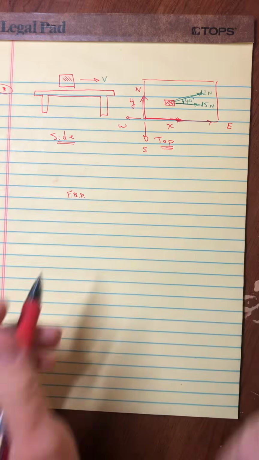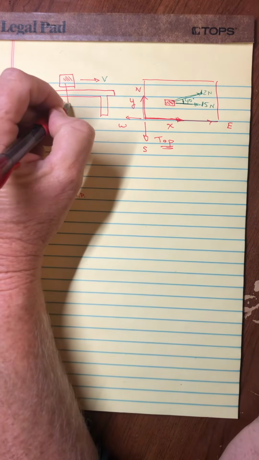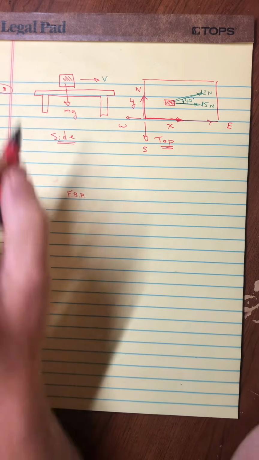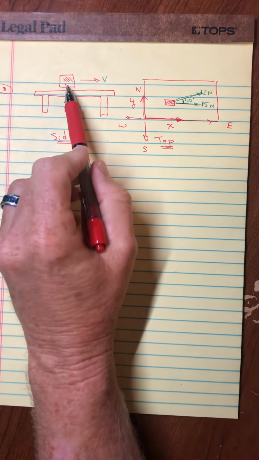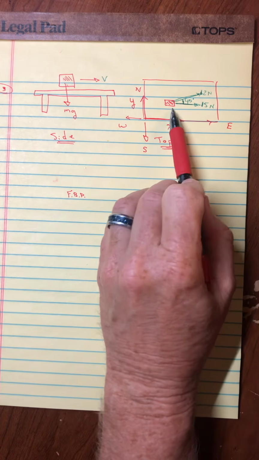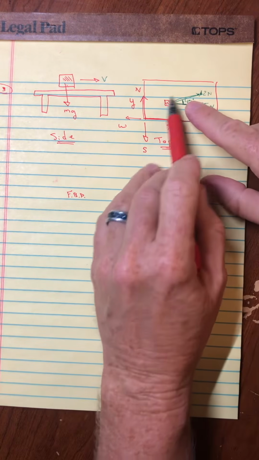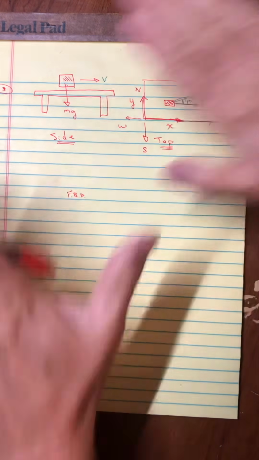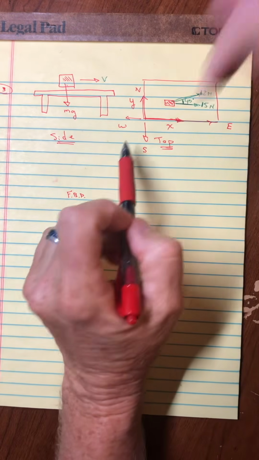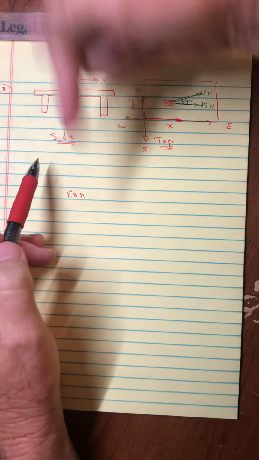So if I start with weight, in this picture, it would be pushing down, mg, and it's a little harder to see than in this picture because down is into the table. So when you're doing a top view, it's kind of hard on this two-dimensional piece of paper to draw down. That's why the side view is nice.